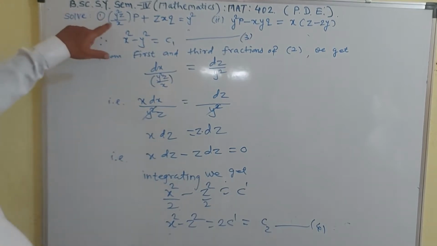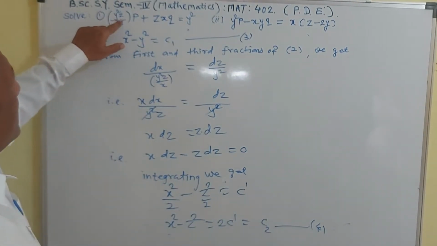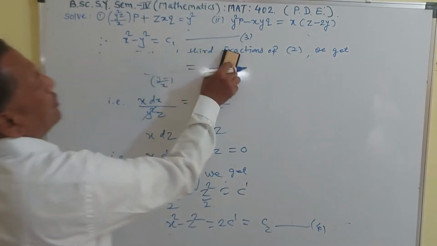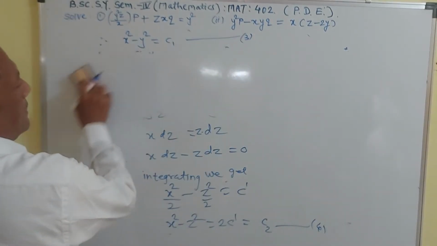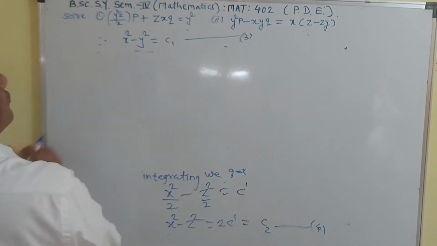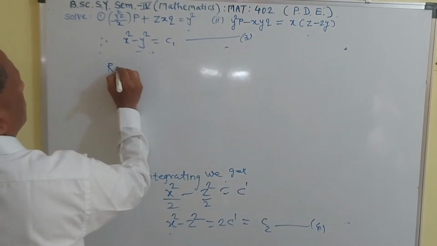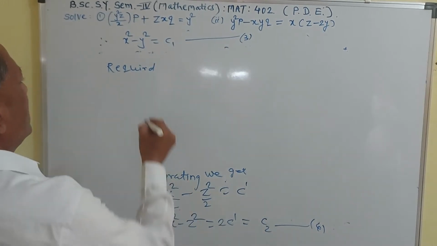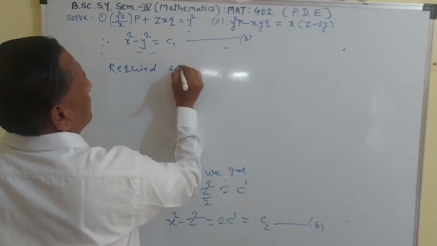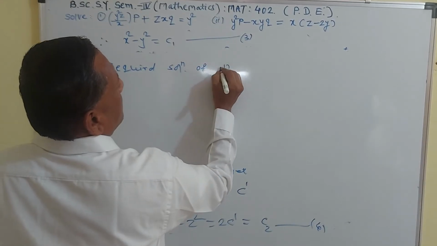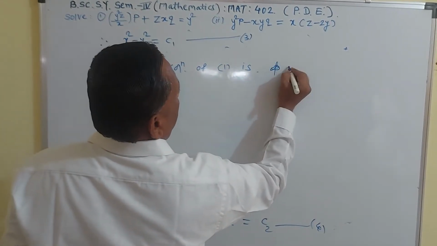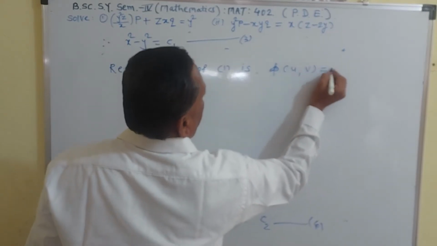Therefore the required general solution of equation 1, the Lagrange's partial differential equation, is phi of u, v is equal to 0.